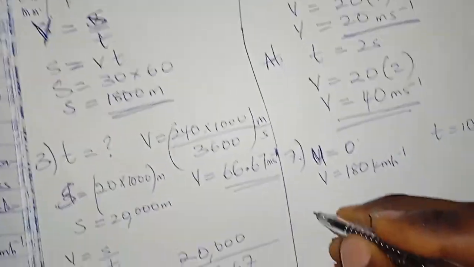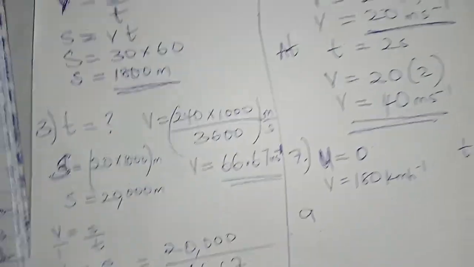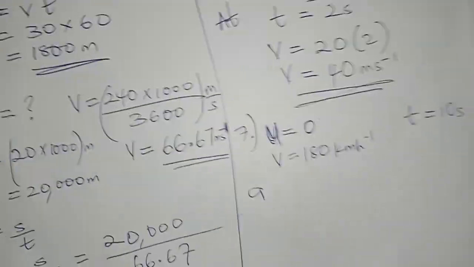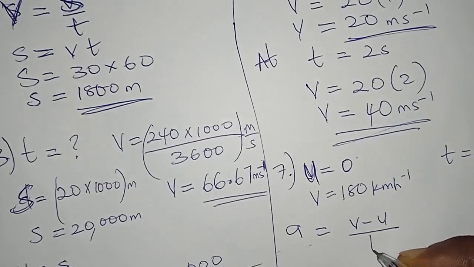They're asking us to find acceleration. That's what it means. Remember that acceleration is equal to v minus u all over t.